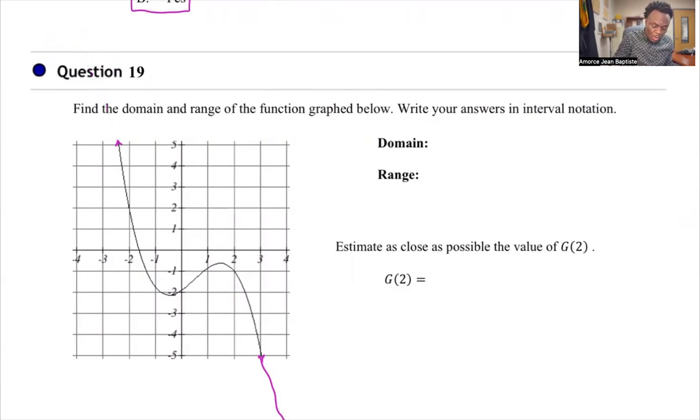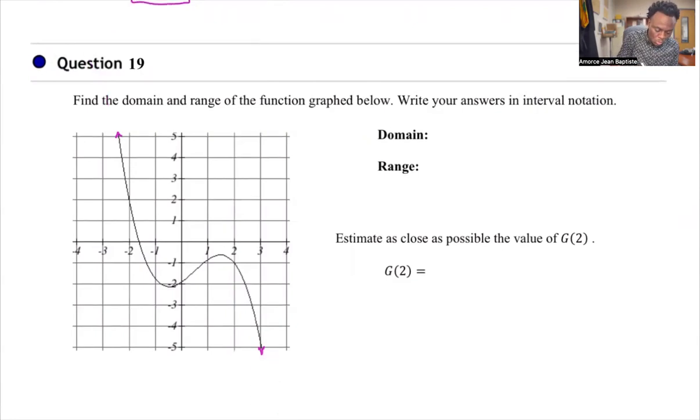So domain will be negative infinity to infinity, never stops going left, and never stops going right. So it's going to be negative infinity, infinity for this one, which is all real numbers for both of them.